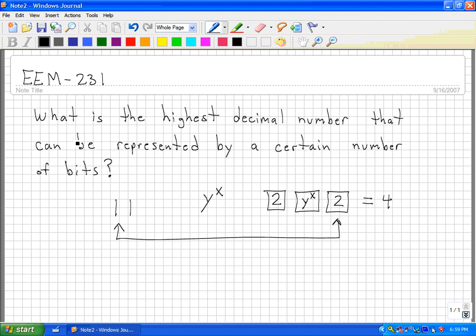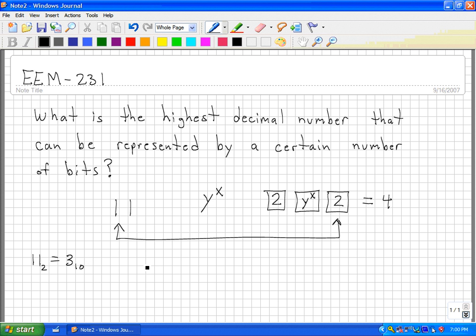Now the question I'm asking is, what is the highest decimal number that can be represented by a certain number of bits? If I take 1, 1 and convert it to decimal, you know that that is actually decimal 3.